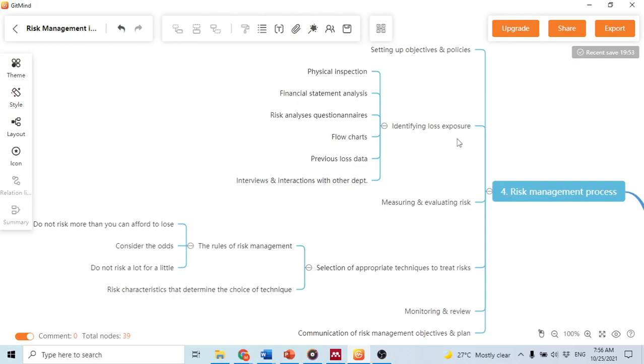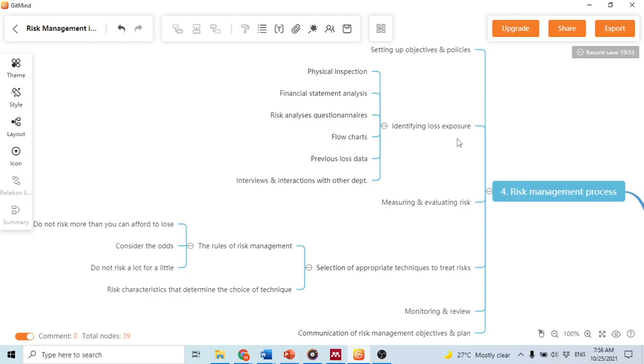Checklists of potential losses are published by insurers and other related organizations. From this checklist, the exposures will be classified into various categories, such as direct tangible property exposures, indirect or consequential property exposures, net income exposures, and third-party liability exposures.